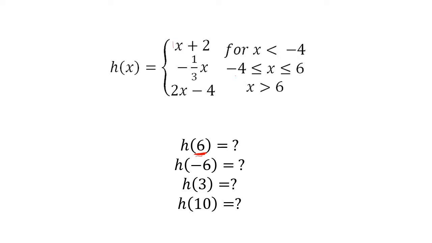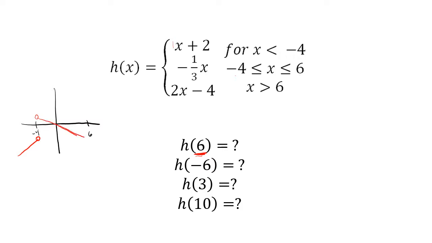If we sketch this real quick, and I'm going to do a very bad job of it, say that's -4, and this is 6. For values of x less than -4, we have something that would look like a line. We'd have an open circle right there because it's not -4. Then we'd have a slope of -1/3, so it'd be something like this.